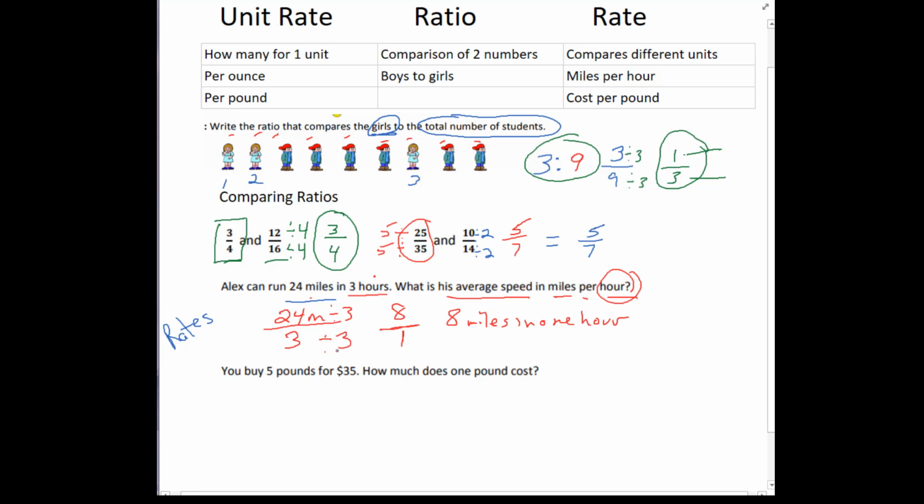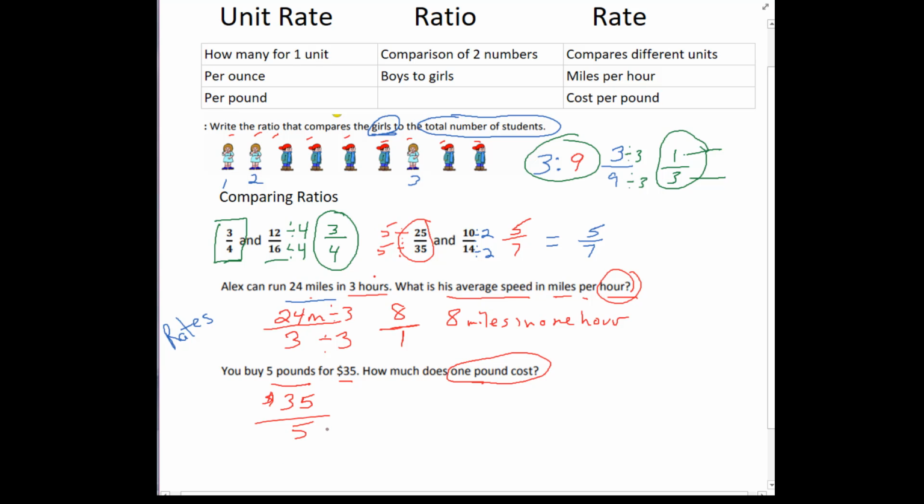Okay, next one. Let's do this with pounds and dollars. So you can buy, what's it asking? 5 pounds for $35. And it again wants us to know how much does 1 pound cost, which is our unit rate again, right? So let's find out what our rate is. So you can buy, and usually money goes on top, you can buy with $35, 5 pounds.